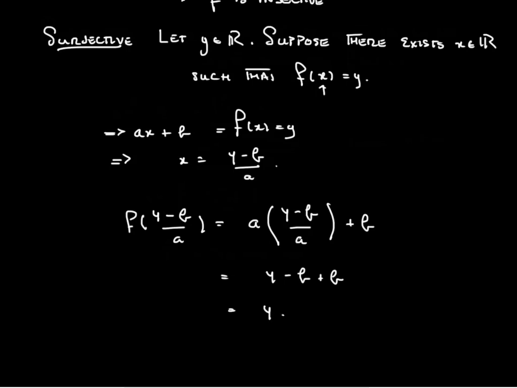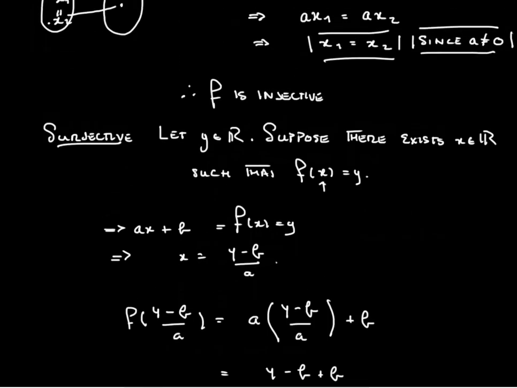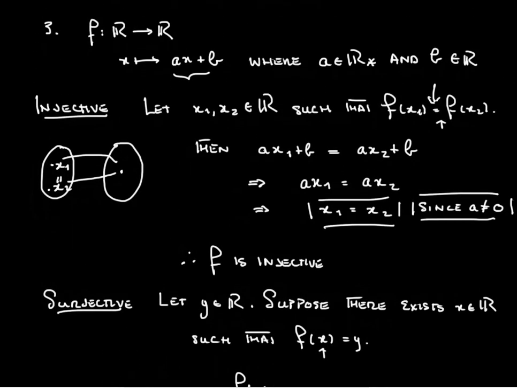So y was arbitrary, which means that it works for every element in the codomain. Every element in the codomain has a pre-image. Hence, f is surjective. We had shown that f is injective, which means that f is bijective. Okay, it is bijective.